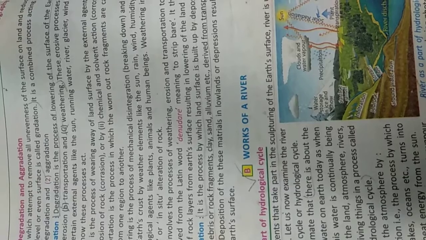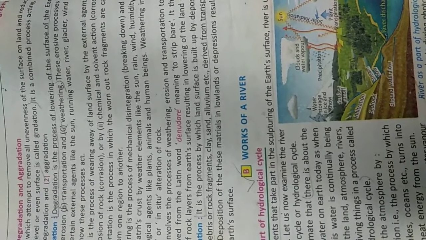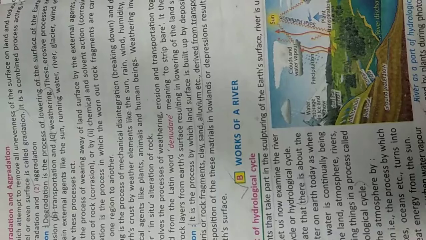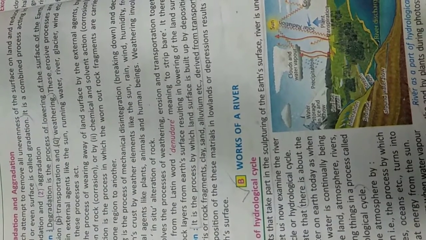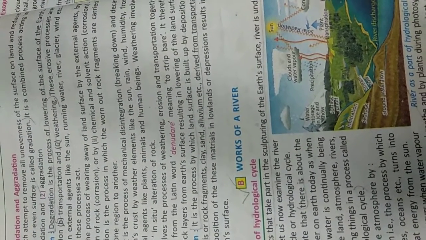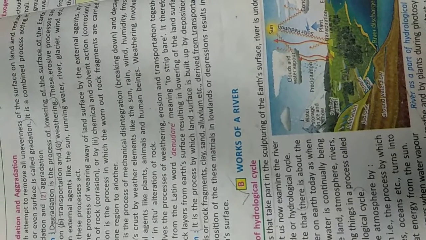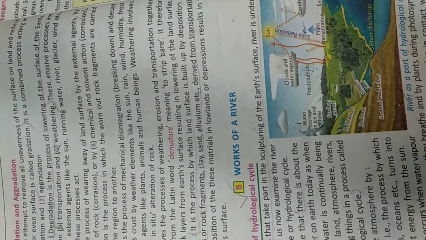What is aggradation? Aggradation is a process in which new landforms are built up, because from wherever the transportation is occurring, the material has to come somewhere and get deposited.